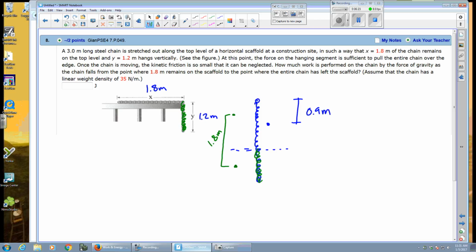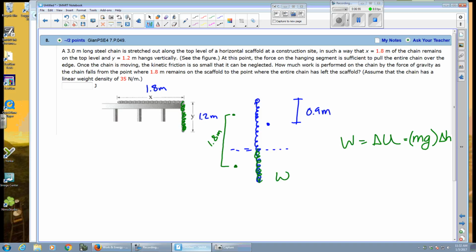So the work that's done on here is going into taking this potential energy and converting it into kinetic. The work is the change in the potential energy for each of the segments, and that's going to be mg delta h.